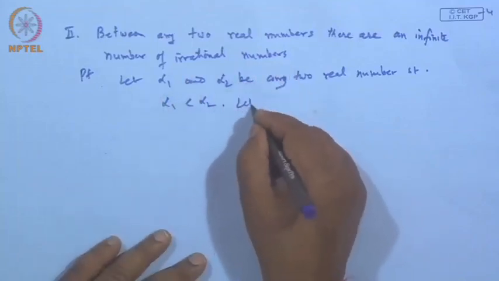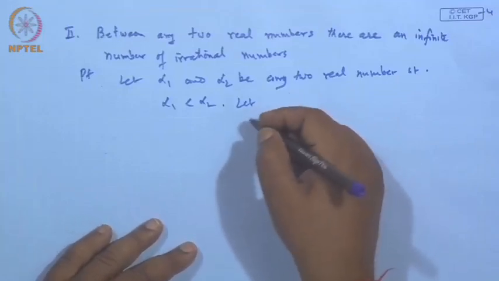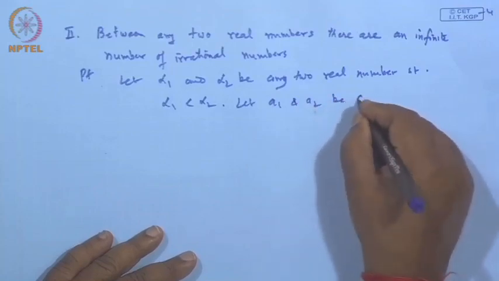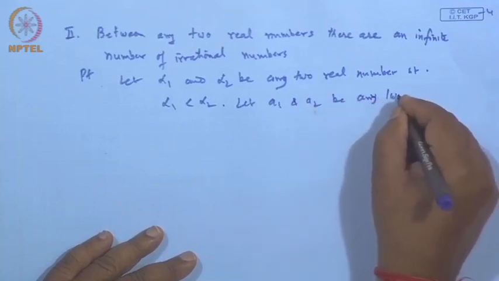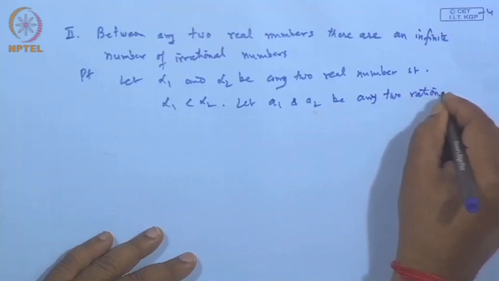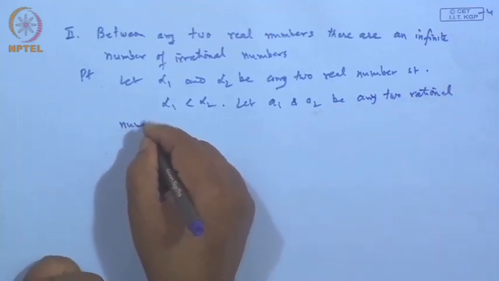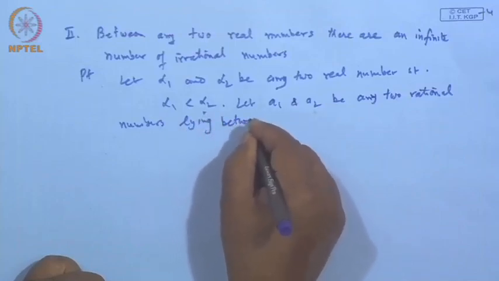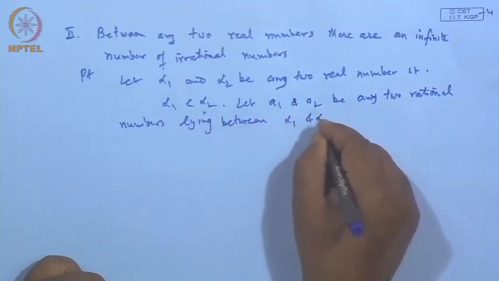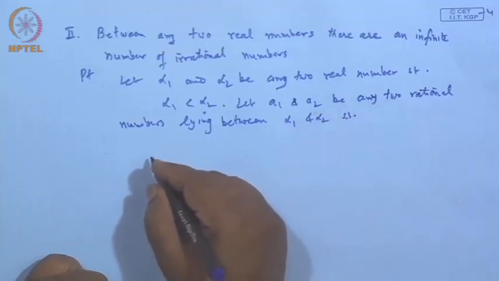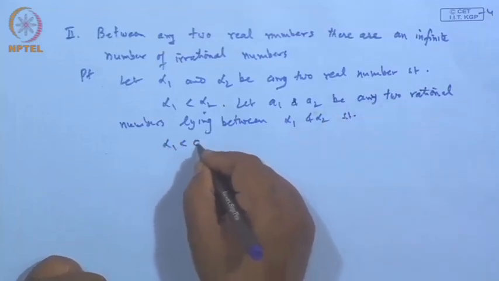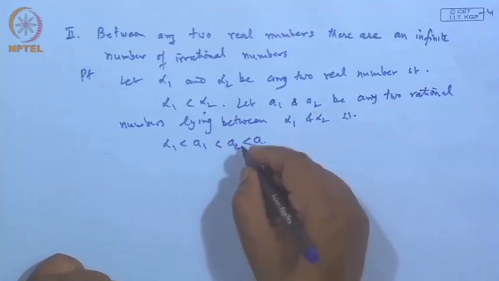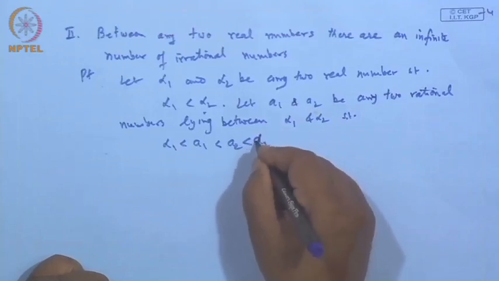So let a 1 and a 2 be two rational numbers lying between alpha 1 and alpha 2, such that alpha 1 is less than a 1, less than a 2, less than alpha 2.